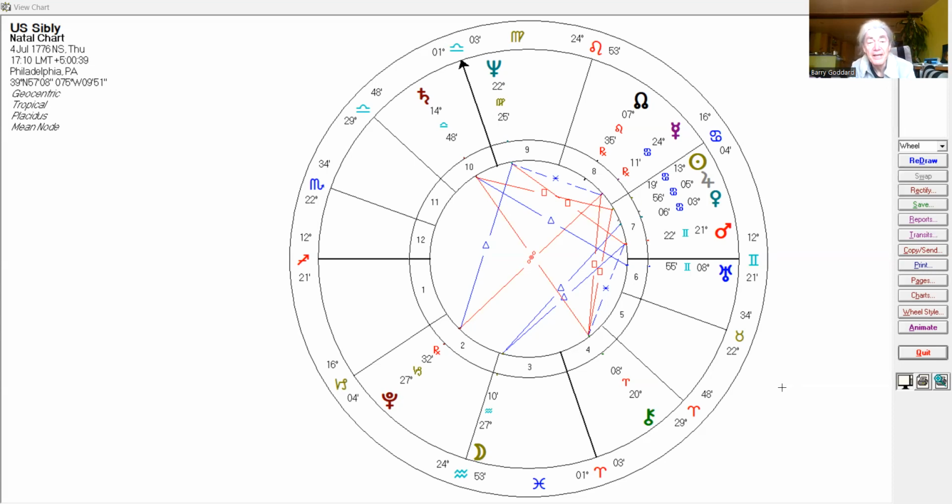There's a lot of good things about it, and a lot of not so good things about democracy. It's not a perfect system to which we're all heading. Pluto. America's just coming out of its Pluto return. Pluto's in the second house in Capricorn. It gets its power from wealth, second house, and its standing in the world, Capricorn, which is also reflected by Saturn in the 10th house, its natural house. But it's just had a Pluto return.